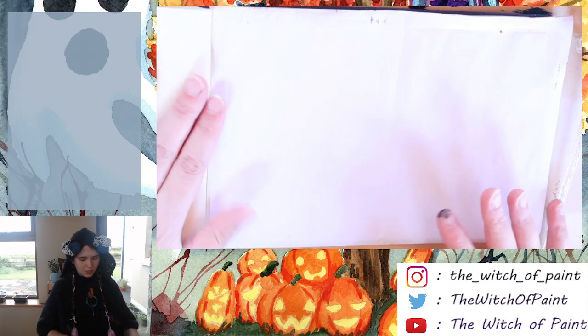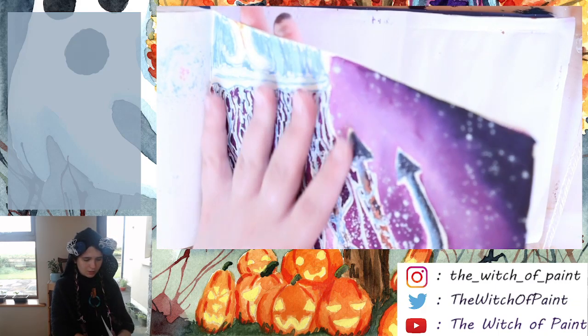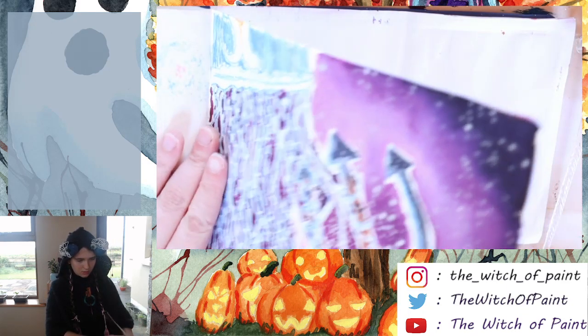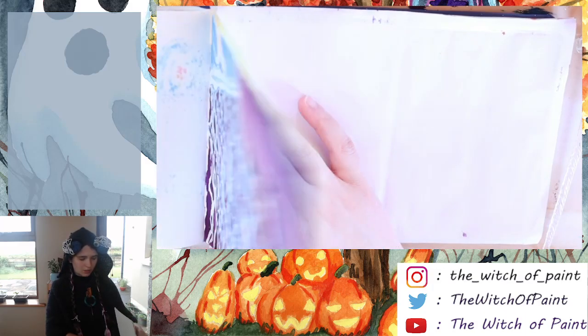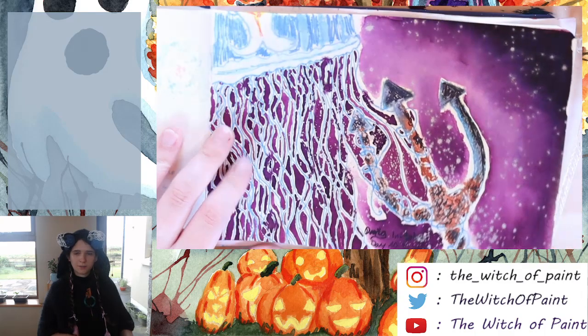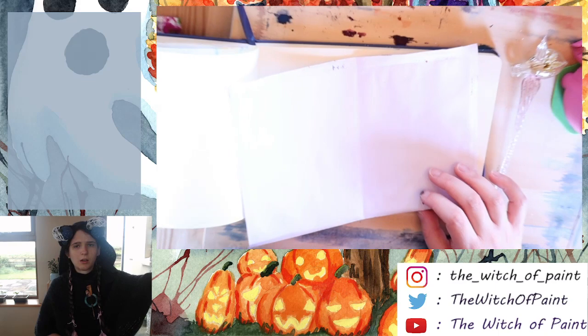So I would flip this over, glue these two pages together, and then draw on both of these pages. For that I would have to zoom you guys out a little.